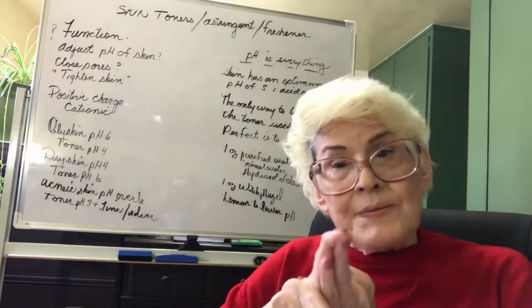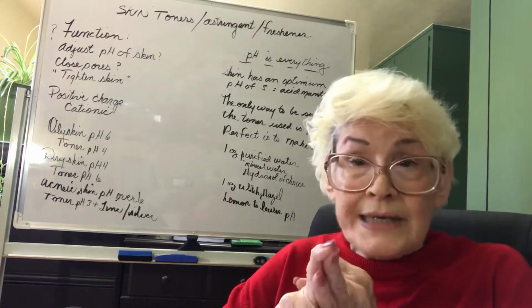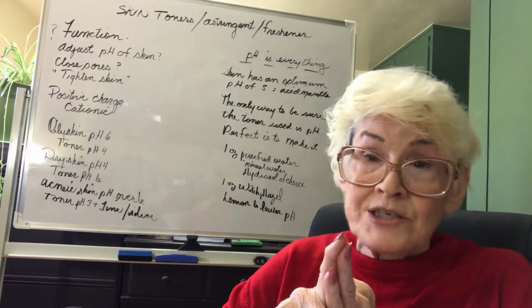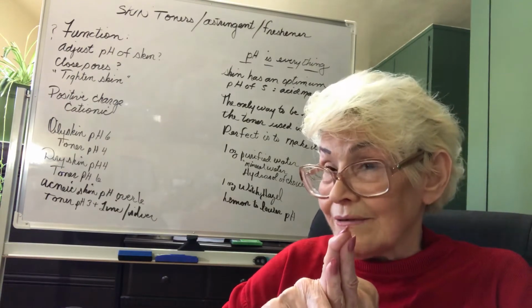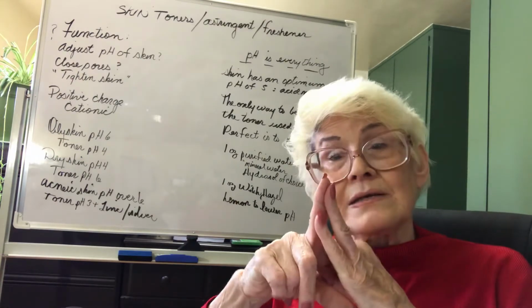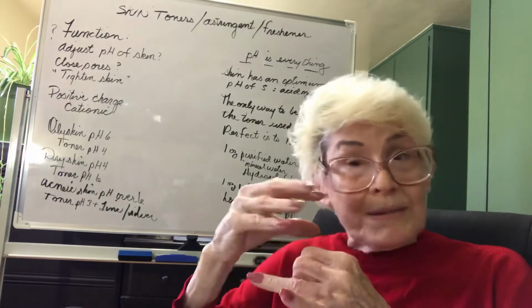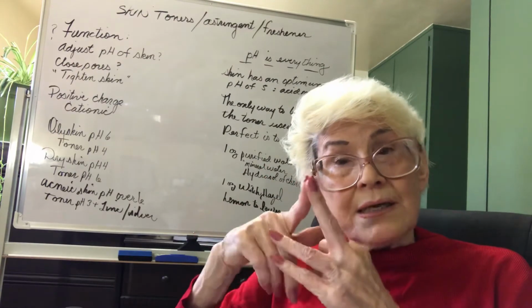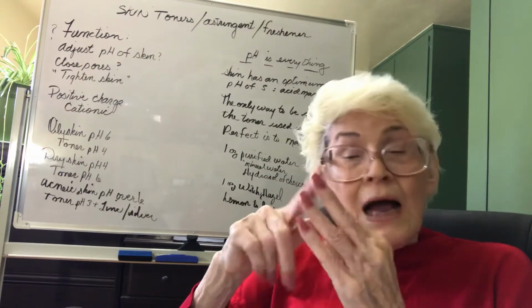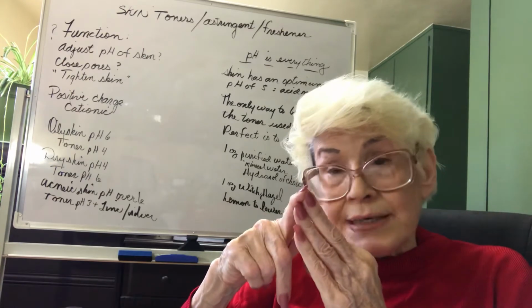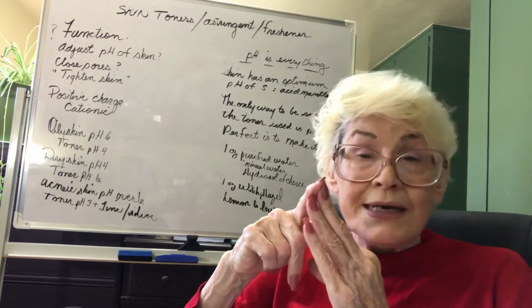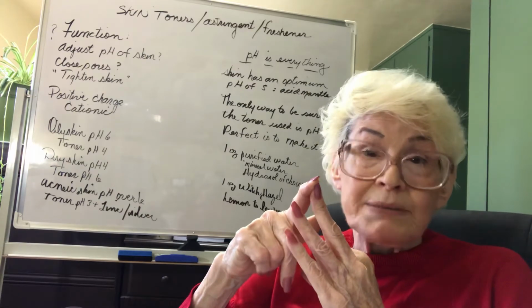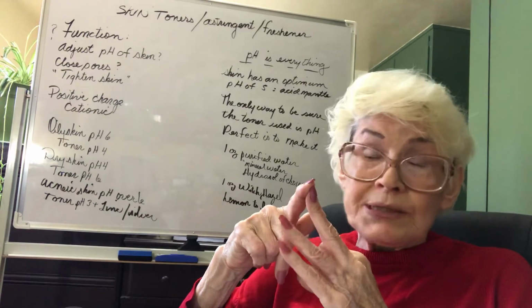It may not have a pH as close to 5 as it should have because other products' pHs have altered that, okay? And then on product application and such, for instance, if I've done a chemical exfoliant, an alpha or beta hydroxy, I have destroyed the beneficial bacteria that are in the skin. I need to replace them because I burned them and killed them. They're no longer there to protect me.